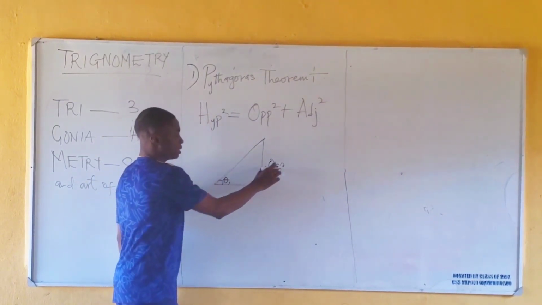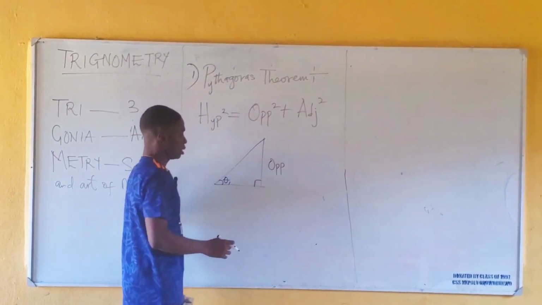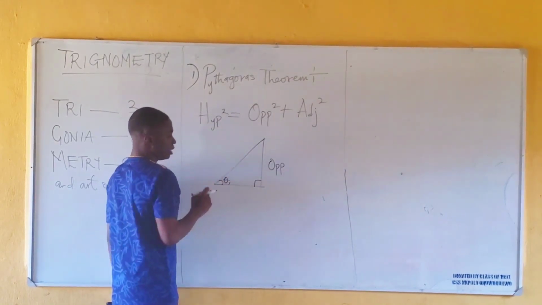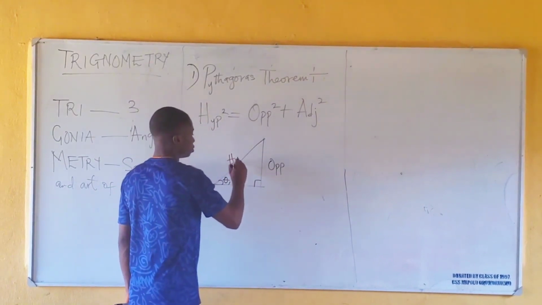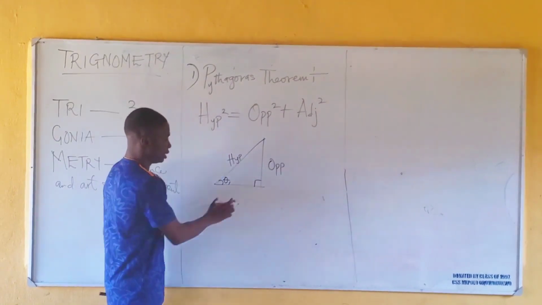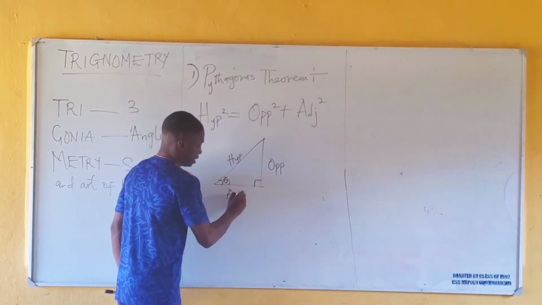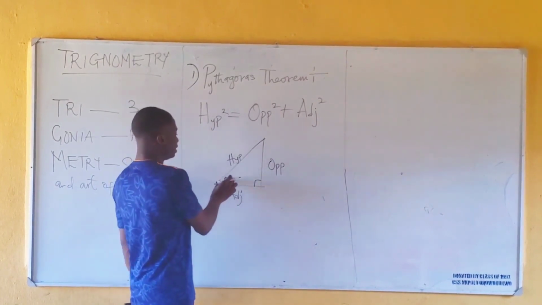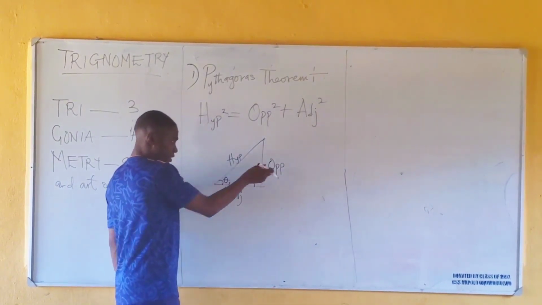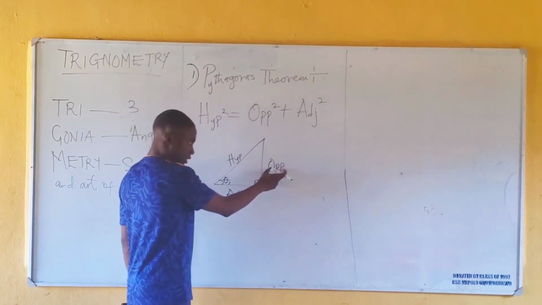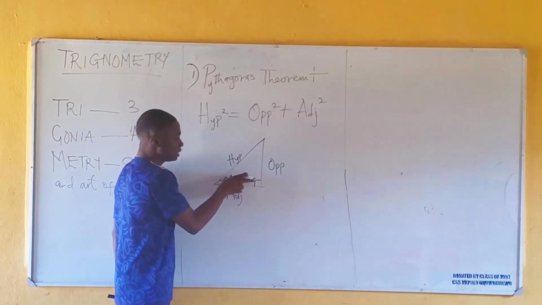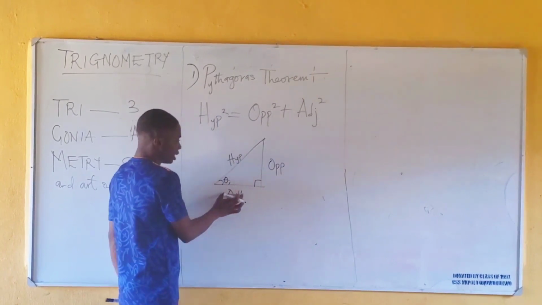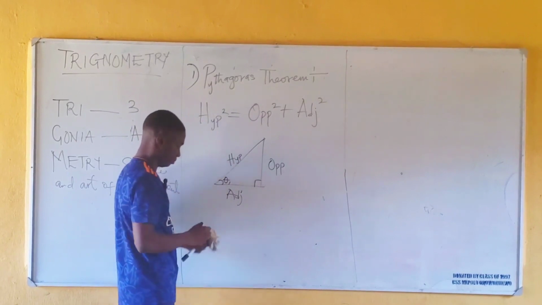And wherever this 90 degree faces is hypotenuse. And then this other side is adjacent. Now let me come again. Wherever the theta or the internal angle faces is known to be opposite. Wherever this 90 degree faces is hypotenuse, and the other side is adjacent.